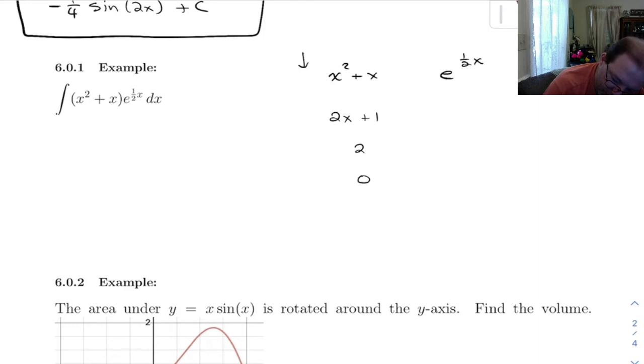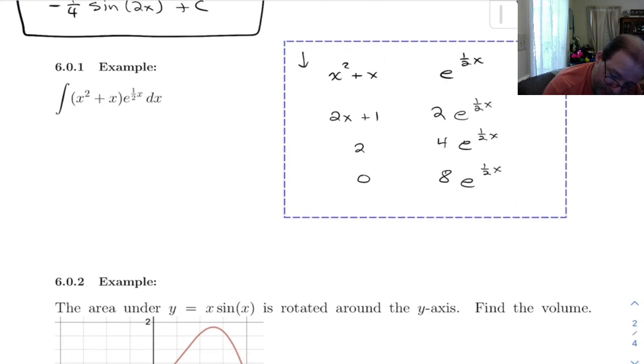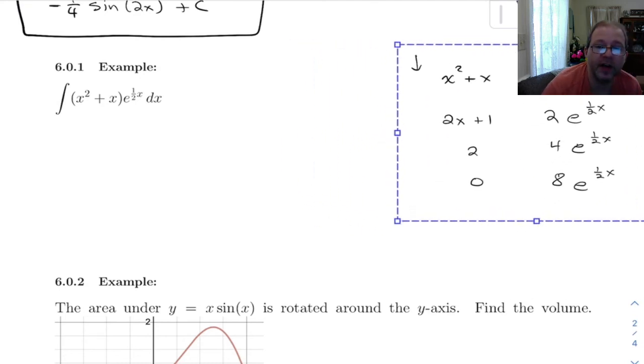And over here, when we integrate, we get e to the half x. But we got to divide by a half, so let's multiply by 2. You get e to the half x, multiply by 2, e to the half x, multiply by 2. And in the interest of space, I'm going to slide this over to the side.